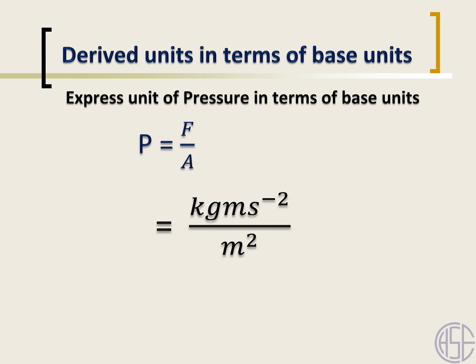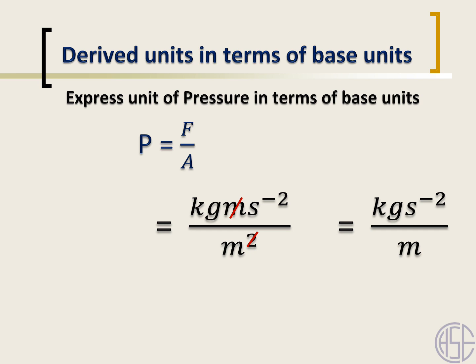So this is the first step: write all the units in position. Now the second step is to check whether you can cancel something or simplify the equation in some way. For example, here you see there's a meter in both numerator and denominator. In the denominator there are 2 meters, that's meter square. So what you can do is just cancel 1 meter from both sides. So now just 1 meter remains. Now we always have to write the final answer in a single line, not as a fraction.